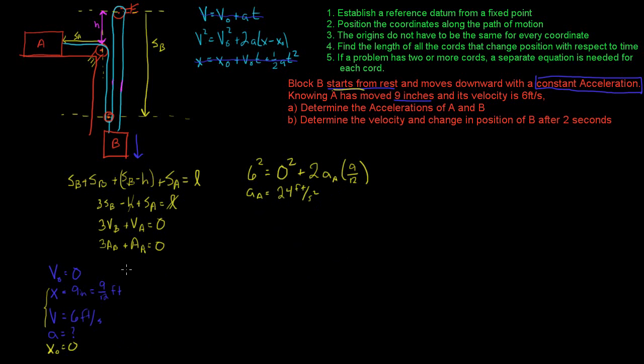If we look at this equation, we notice that the acceleration of B plus the acceleration of A is equal to 0. So this means that either B has to be positive and A has to be negative, or B has to be negative and A has to be positive.